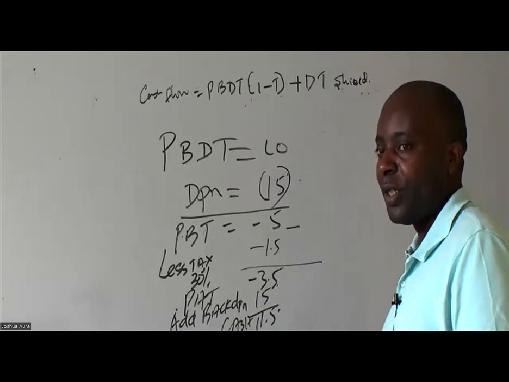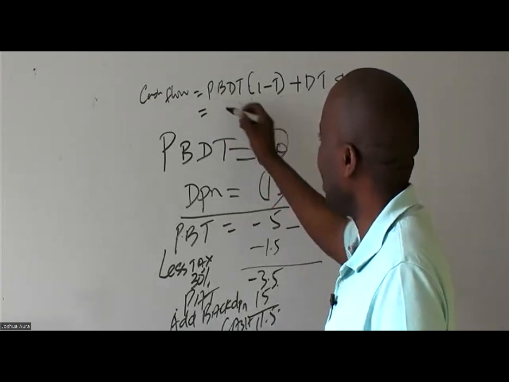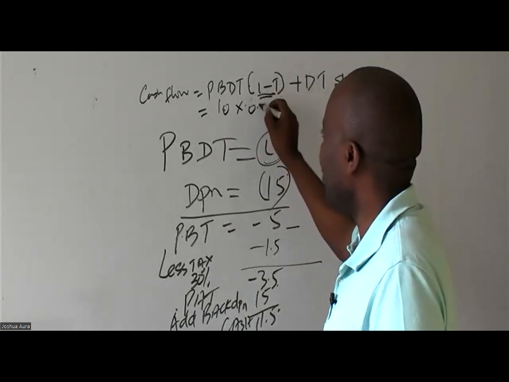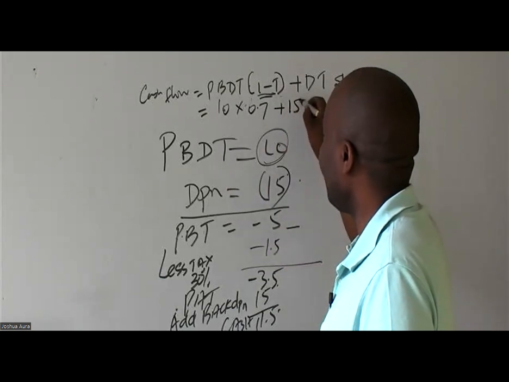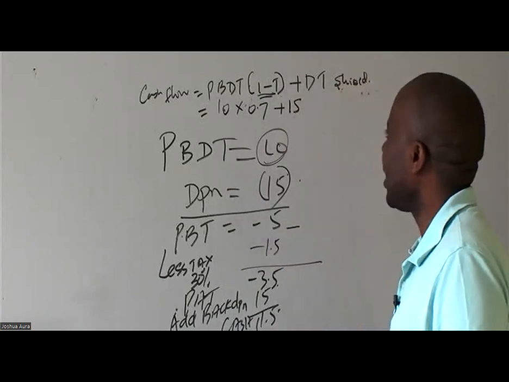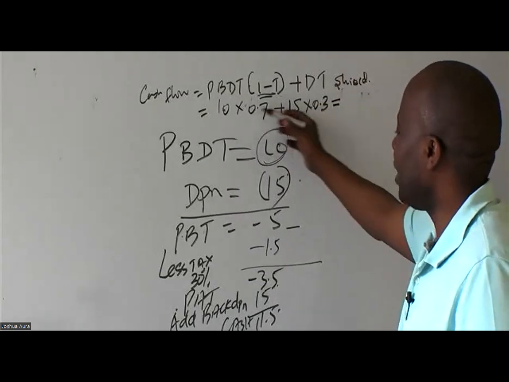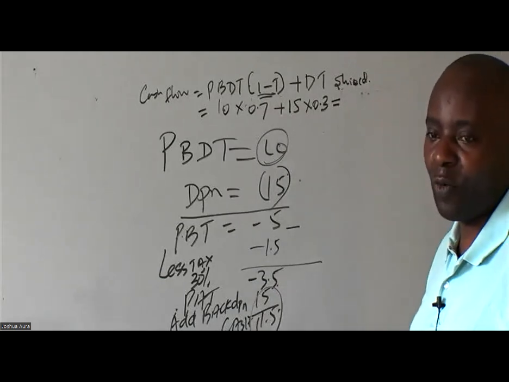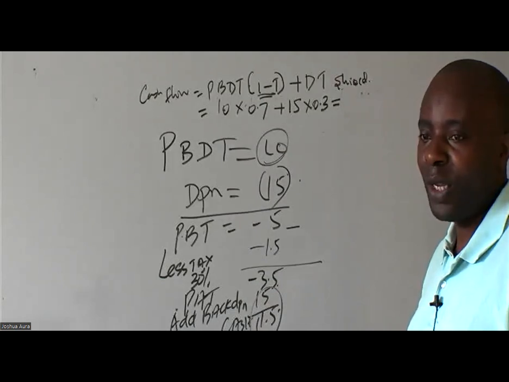So I would have taken this 10, tax is 0.3, so this will be 0.7, plus depreciation itself, which is 15, times the rate of tax, 30%. Can somebody confirm that this will give us the cash flow of 11.5?